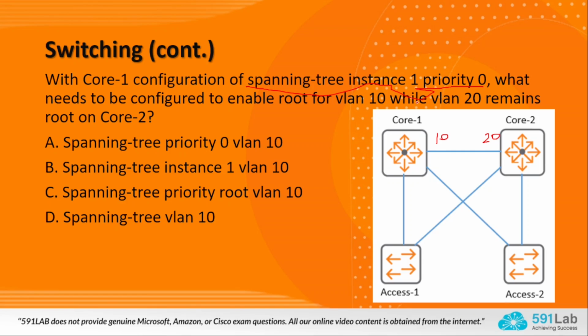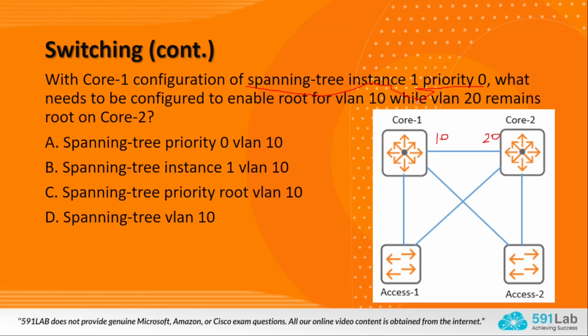Option A, spanning-tree priority 0 VLAN 10. There's no such command to associate the VLAN ID, so it's not correct. Option B, spanning-tree instance 1 VLAN 10. This is how to map VLAN 10 to instance 1. It looks correct. Option C, there's no such command with root and priority keywords.